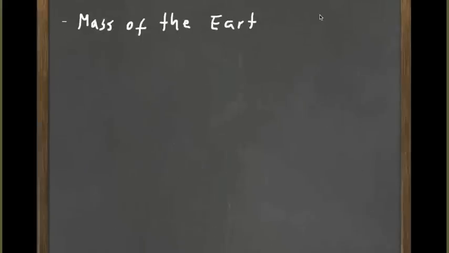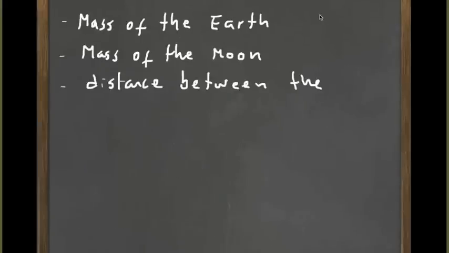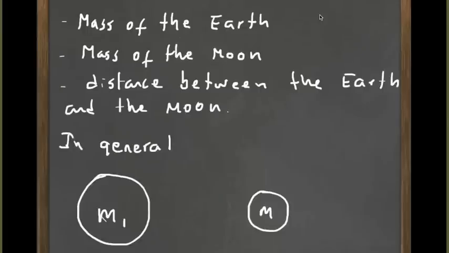One is the mass of the Earth, another one is the mass of the moon, and the third important one is the distance between the Earth and the moon. In general, he deduced that if you had two masses, m1 and m2, near each other, then there will be an attractive force between those two masses. Mass 2 would attract mass 1 with the force F2 on 1, and mass 1 would attract mass 2 with the force F1 on 2.